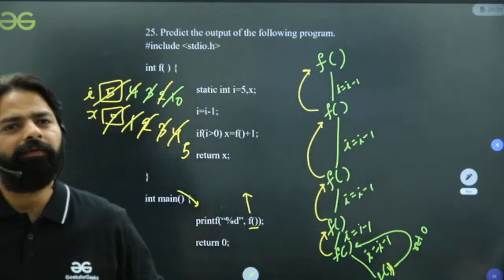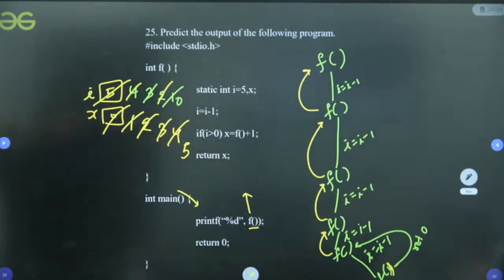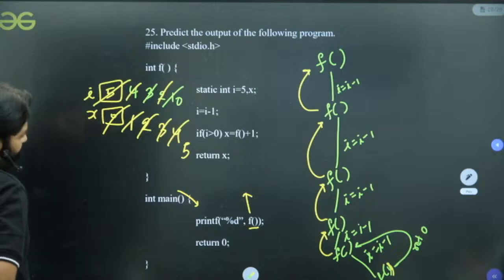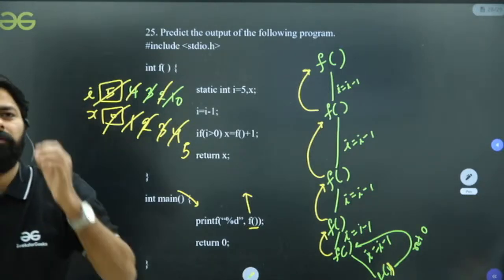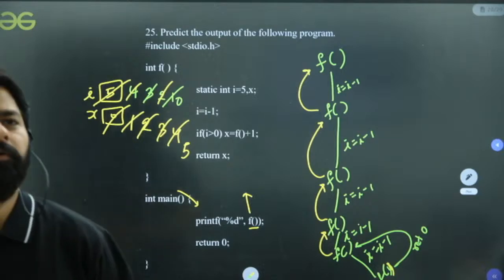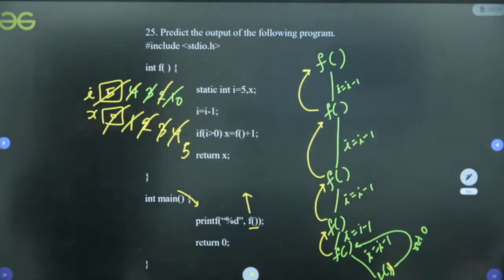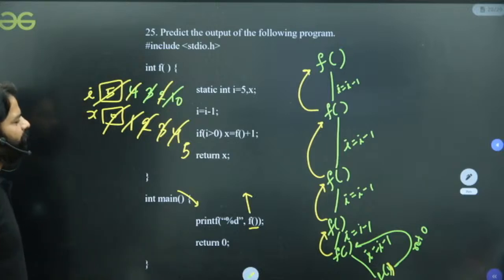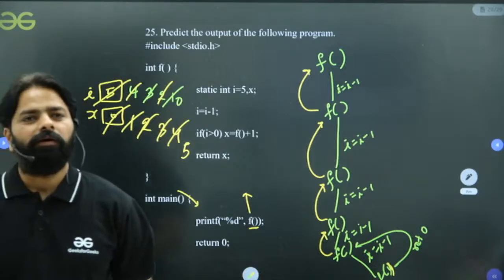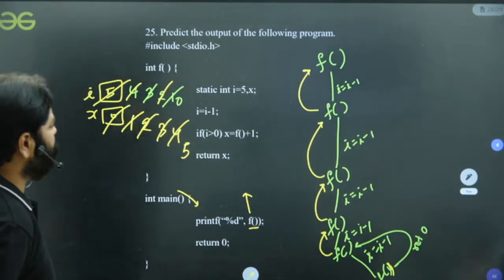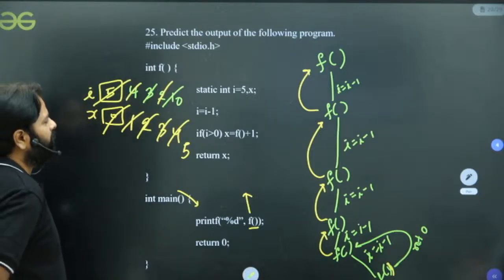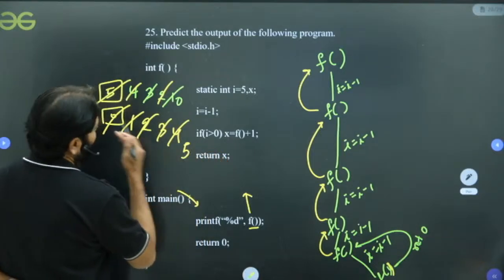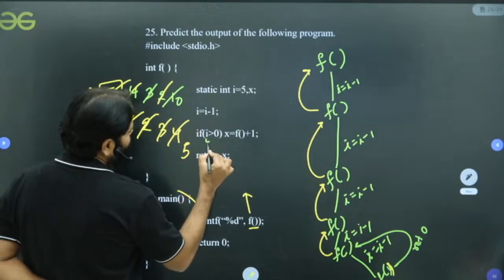Is it 4 or 5? Because everybody got 4. Is it 4 or 5? Because if you miss one extra call, that will be gone. Most of the people answered 4, so cross check it. The last question that I did, because you started from 5 minus 1, 4 greater than 0.